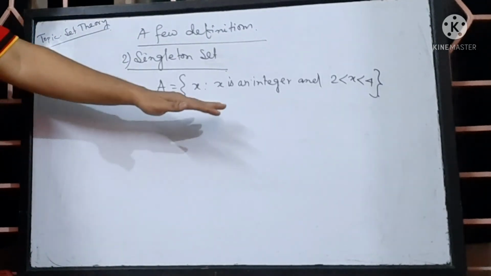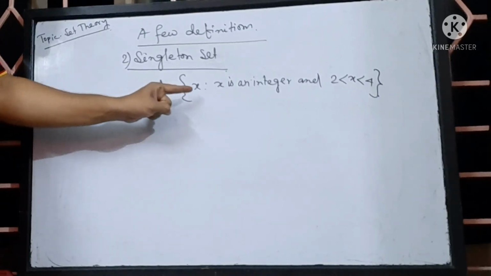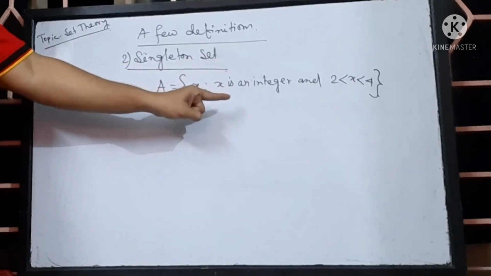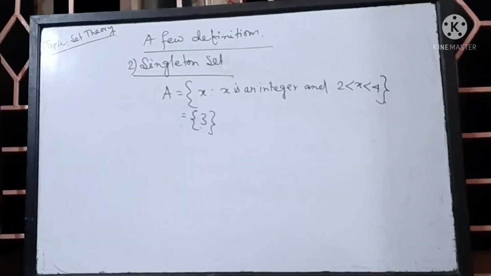Can you tell me what this set is? This set A is the set of all x such that x is an integer and x lies between 2 and 4.